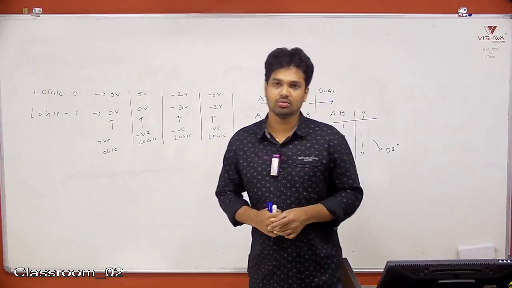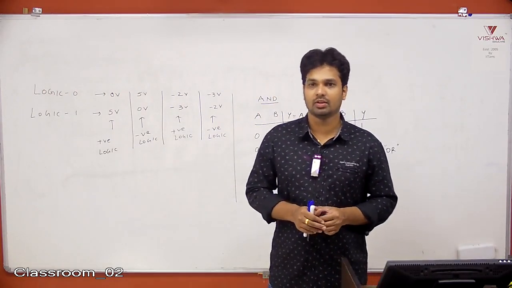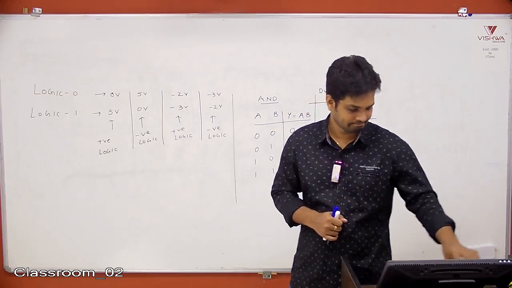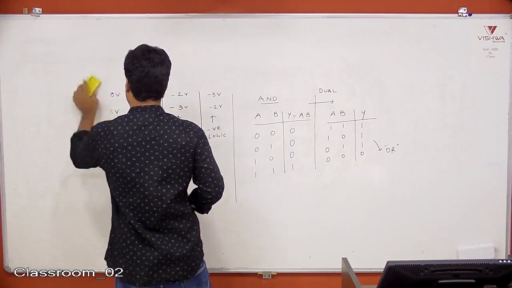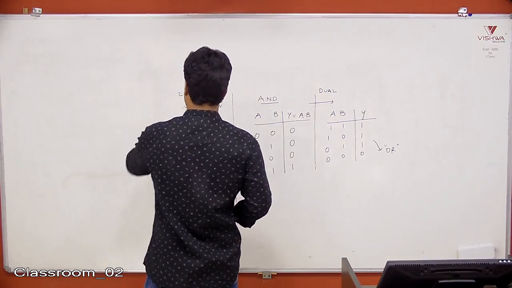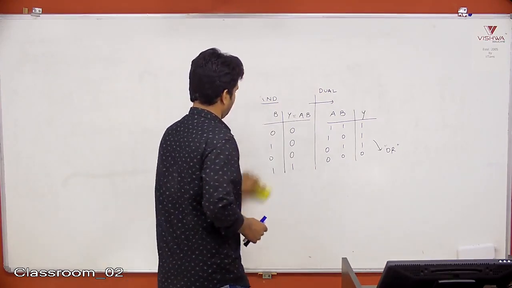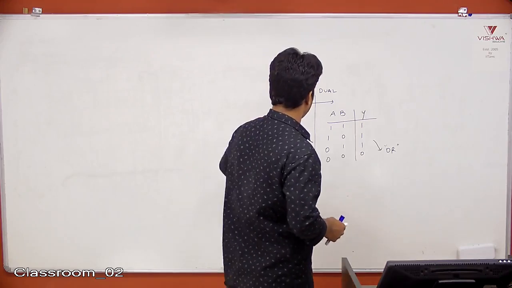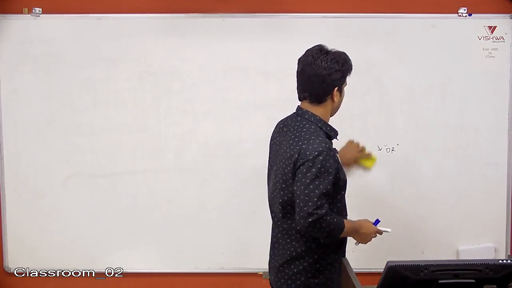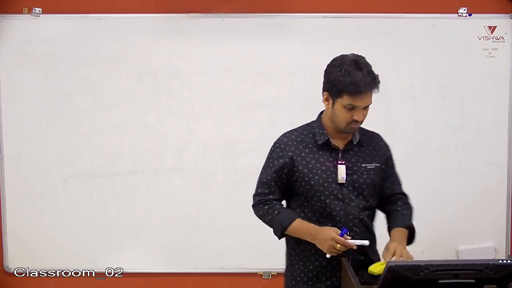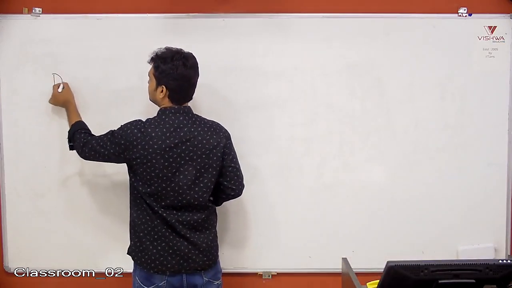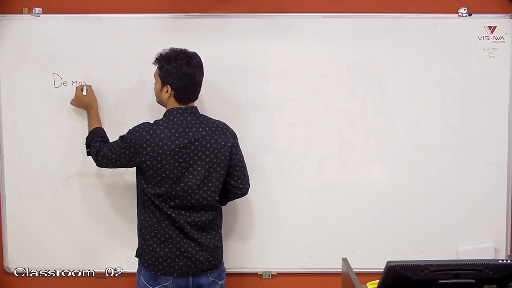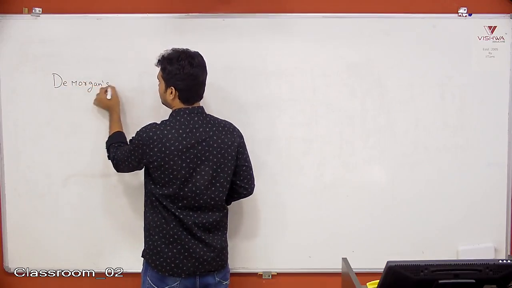Okay. Now, the next one after the duality property, keep the heading De Morgan's law. You can copy it, I'll explain.